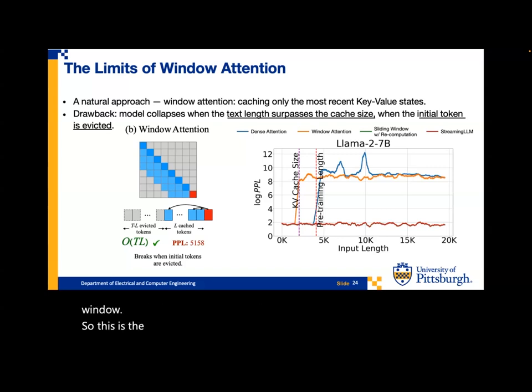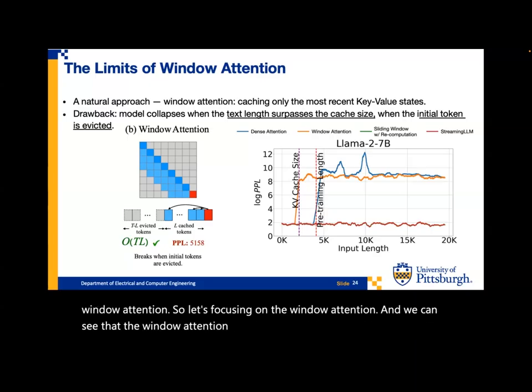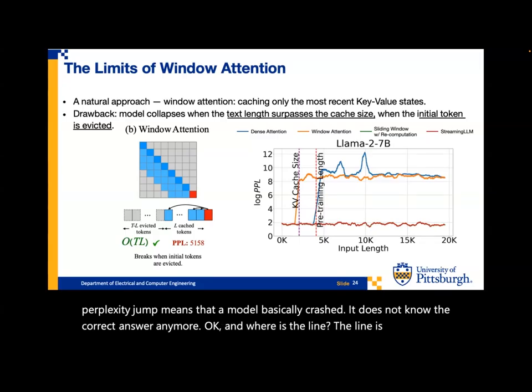The orange one is the window attention. Let's focus on the window attention. We can see that the window attention suddenly has a perplexity jump, which means the model basically crashed. It does not know the correct answer anymore. And the line is the KV cache size.